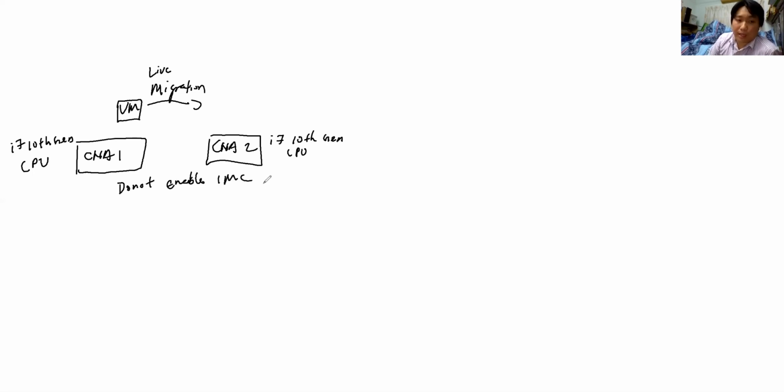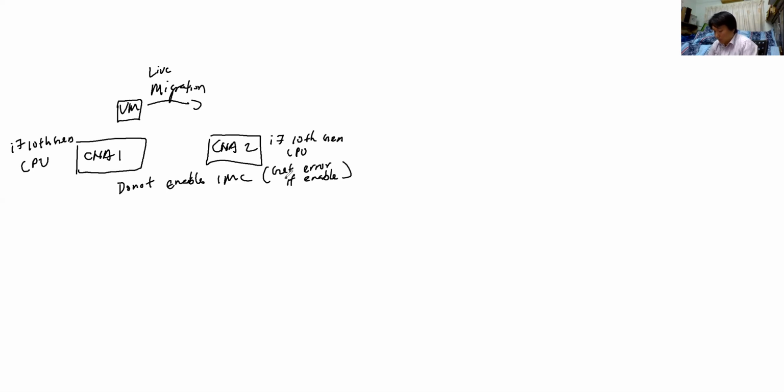If you enable IMC, you will get an error, because the VRM cluster detects that there is no difference in CPU model or generation. It will tell you an error message that IMC is enabled and it cannot do live migration. So this is a limitation.